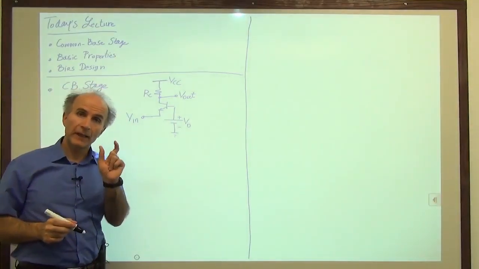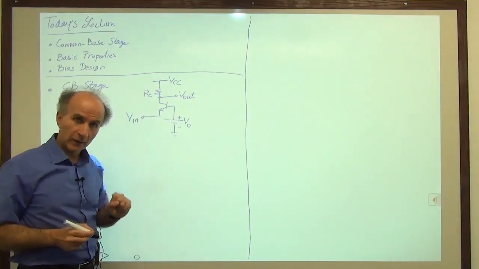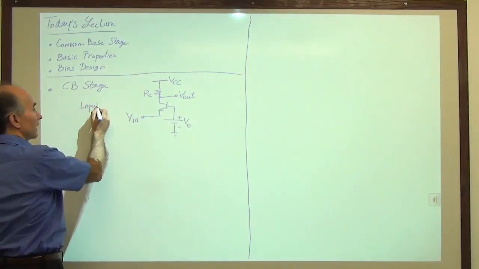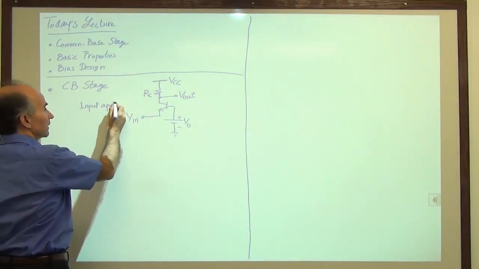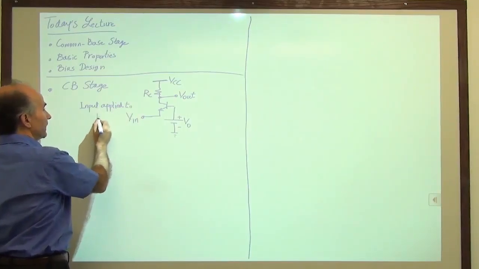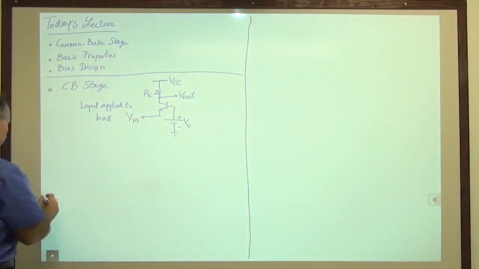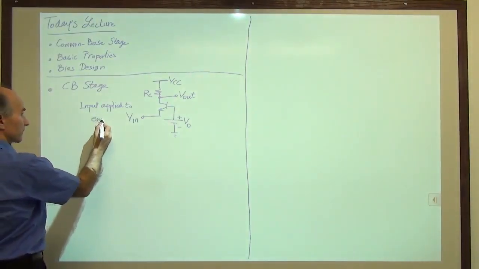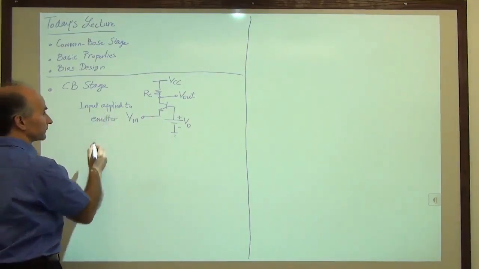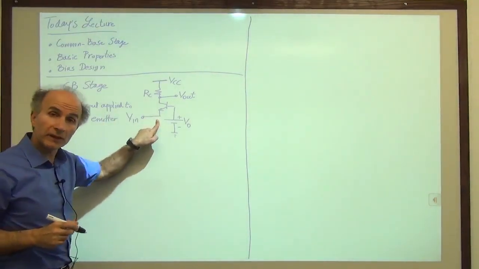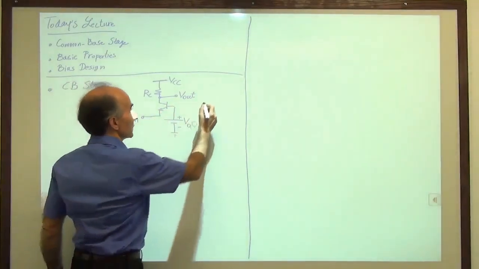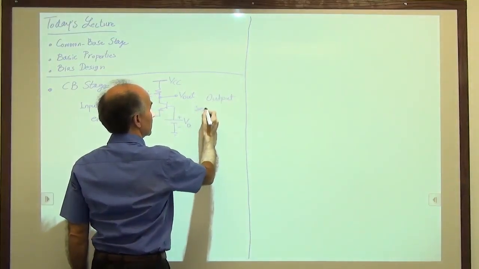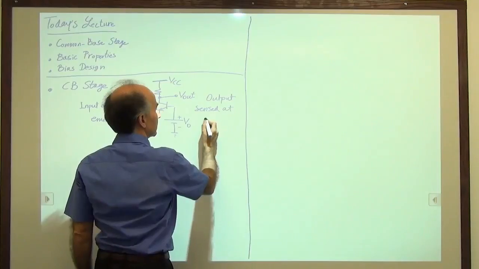So to identify a common base stage, we must ensure that the input is applied to the emitter, right here, and the output is sensed at the collector.